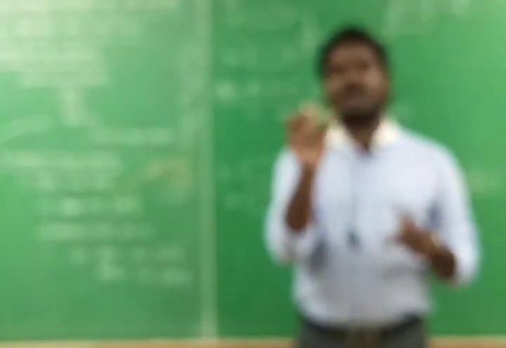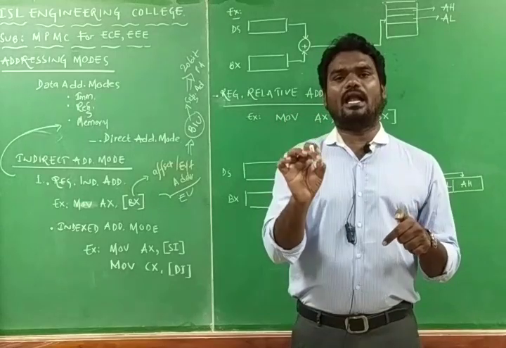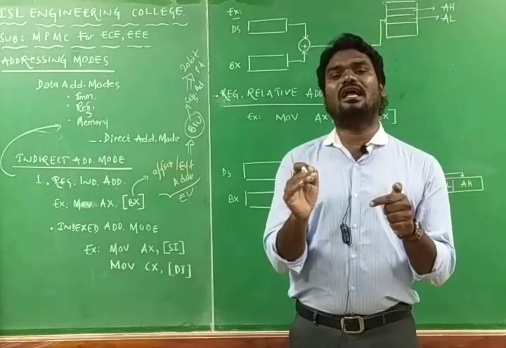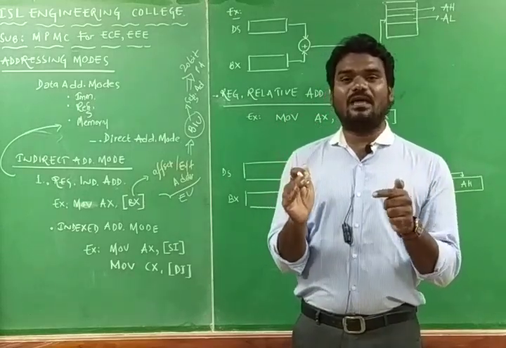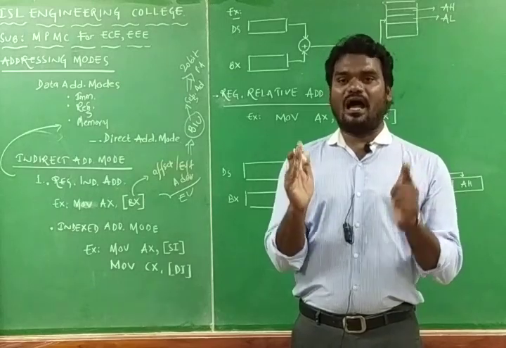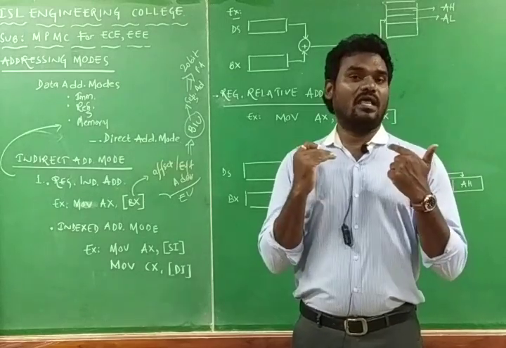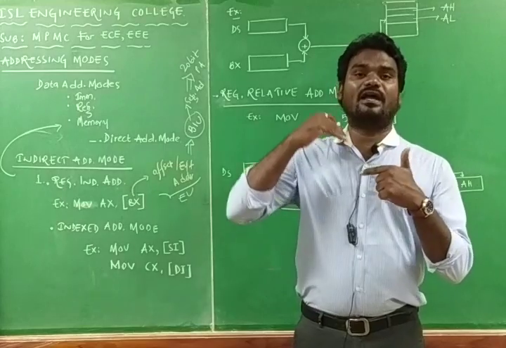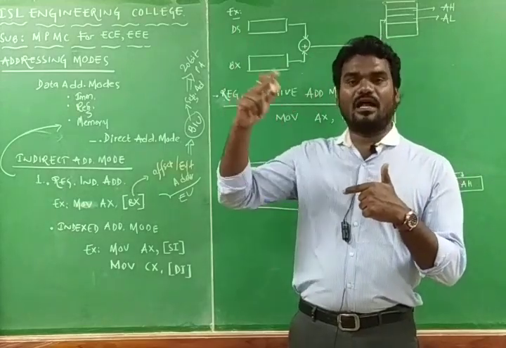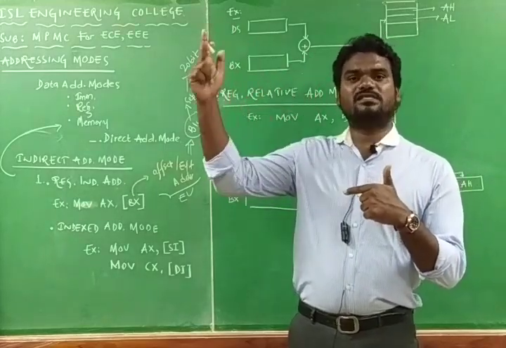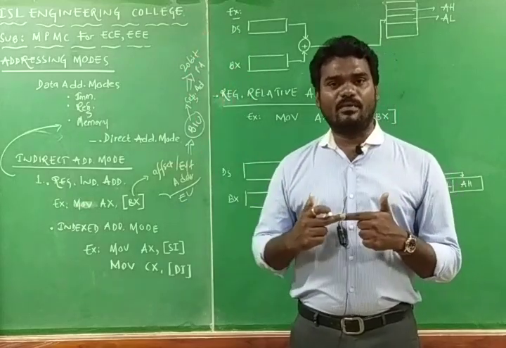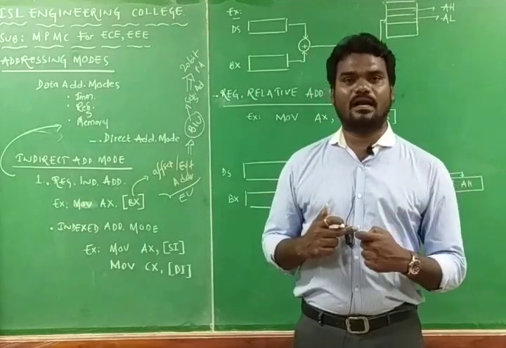an operand is specified in brackets, we should understand that it is giving the offset address. But by knowing the offset address alone we cannot find the physical address, one particular location in the 1 megabyte of memory. So we should know the segment address also.